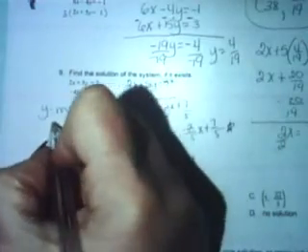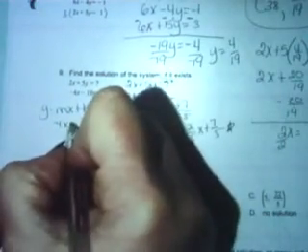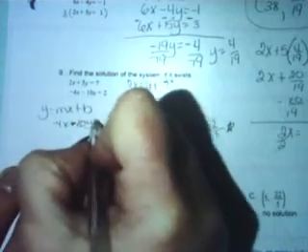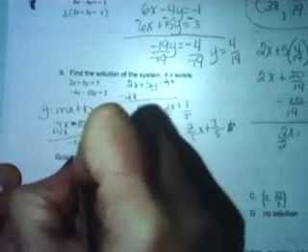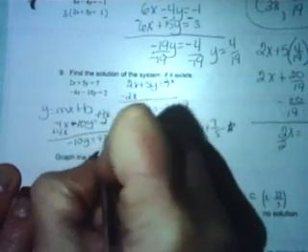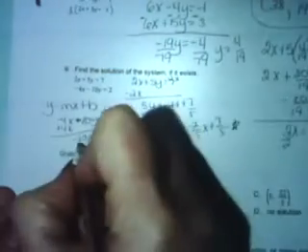Second equation. How do I get y by itself? Add 4x. And now negative 10y equals 4x plus 2. What do I do from here? Divide by negative 10 all the way across.